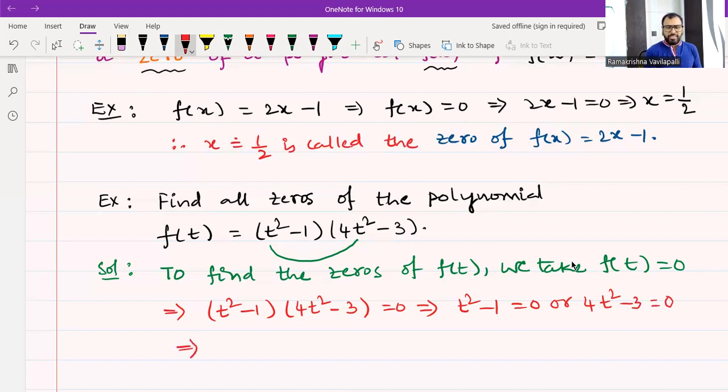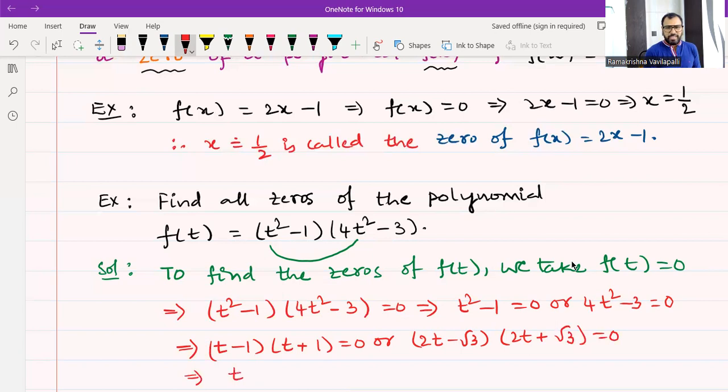So this implies t square equal to 1, which I can write as t minus 1 into t plus 1 equal to 0. Or the other one I can write as 2t minus root 3 into 2t plus root 3, using a plus b into a minus b equal to a square minus b square.